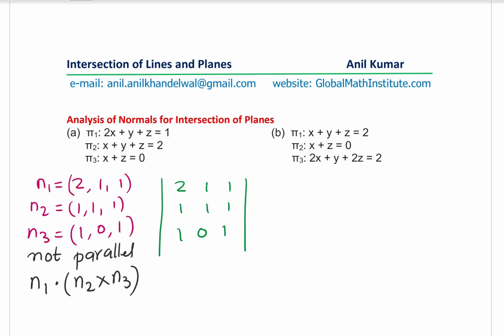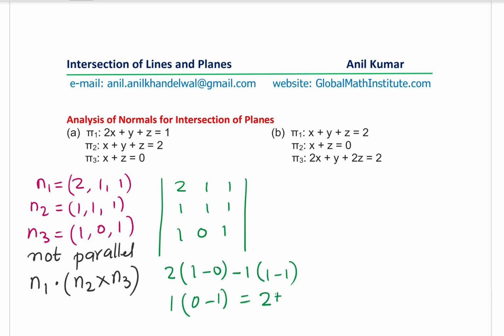So that gives you what? 2 times (1 times 1 minus 0), minus 1 times (1 minus 1), and then we get 1 times (0 minus 1), and that is equal to 2 times 1, which is 2.